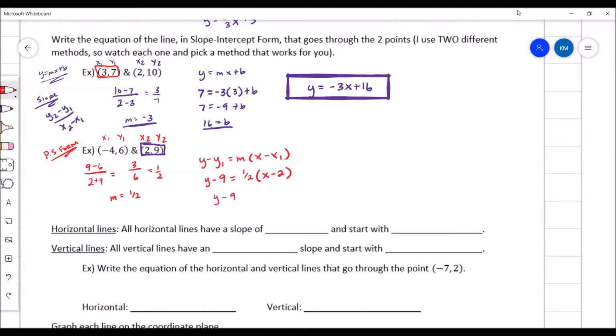Y minus 9 equals 1/2 x minus 1. And to get y all the way by itself, I'm going to add 9 to both sides, and I get y equals 1/2 x plus 8. So either method that you like works out.